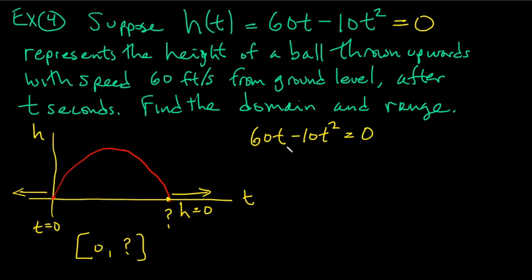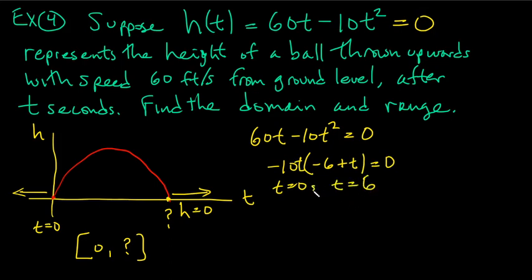There's no constant term, so I can just factor out a t. In fact, I can factor out a -10 if you like. And in that case, we get -10t times (-6 plus t) equals 0. Oh, I forgot the t here. So t is either equal to 0 or t is equal to 6.